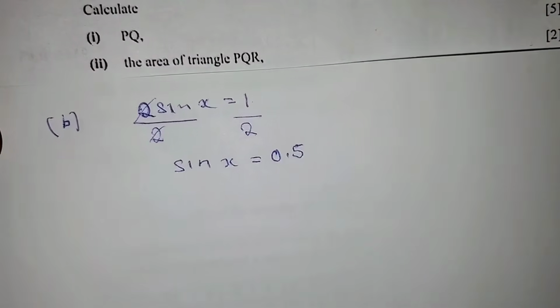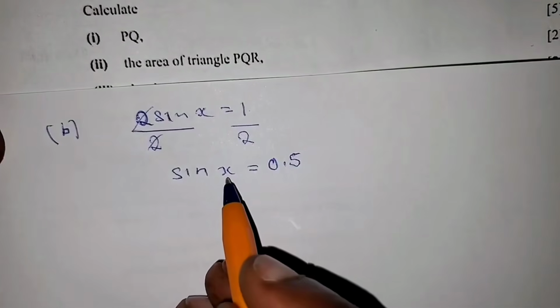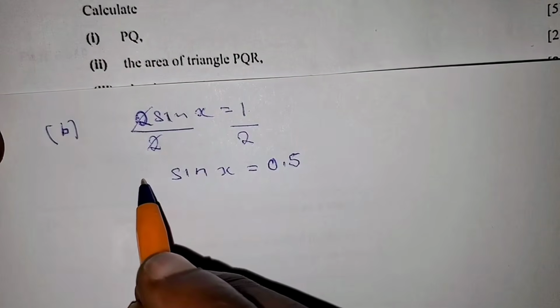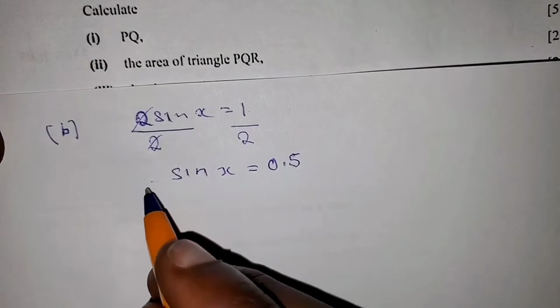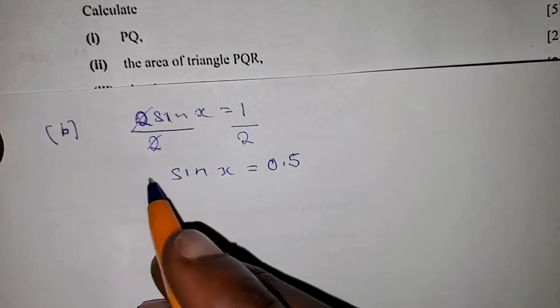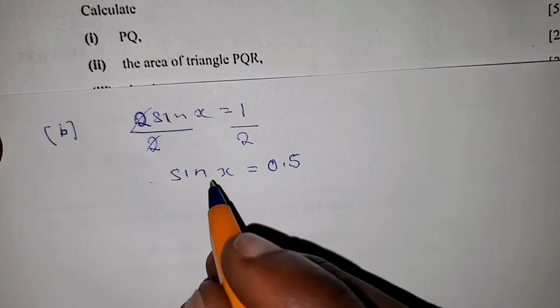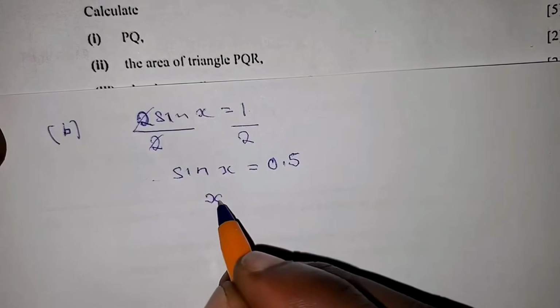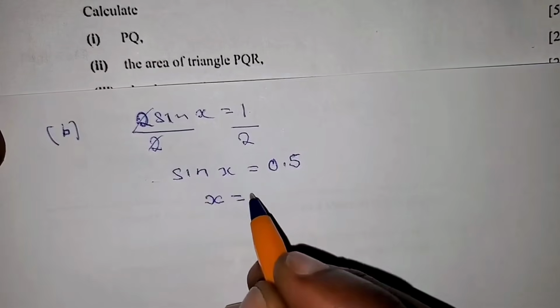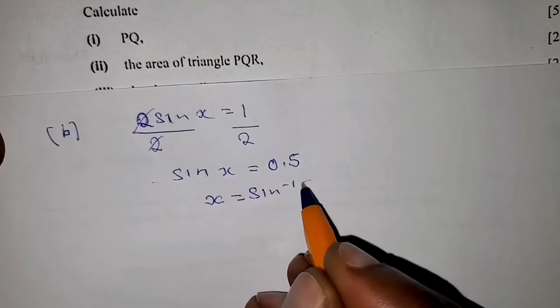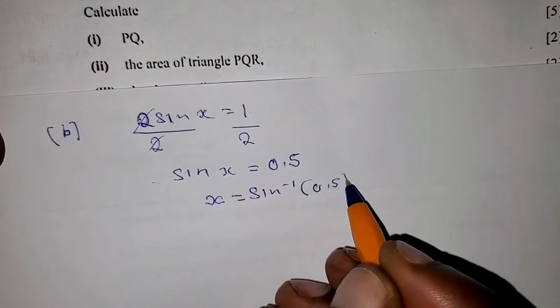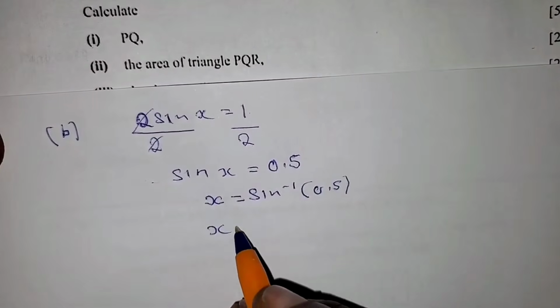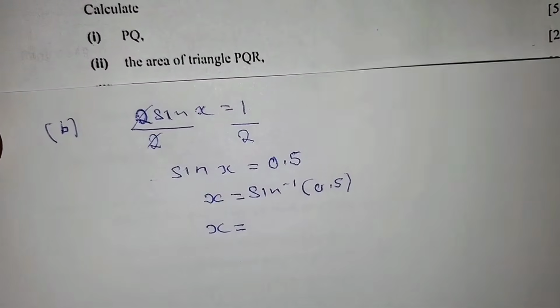Then we need to find sine inverse, so that the inverse and this one cancel. In other words, we can just say x is equal to sine inverse of 0.5. We are finding a reference angle in the first quadrant.